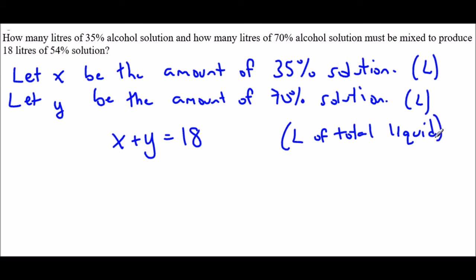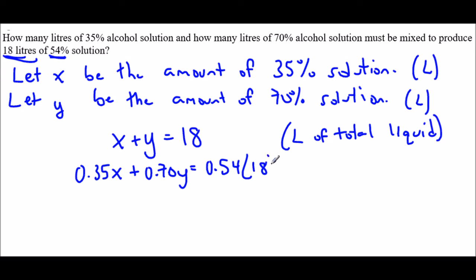Now the next equation is going to be about the percent alcohol. Every liter of the first solution is 35% alcohol, so 35% of x and 70% of y needs to result in a solution that is 54% alcohol. And remember, it's 54% of the total amount that needs to be alcohol.